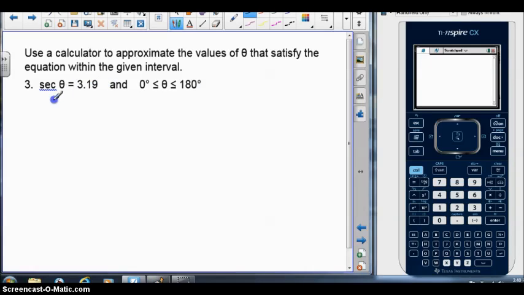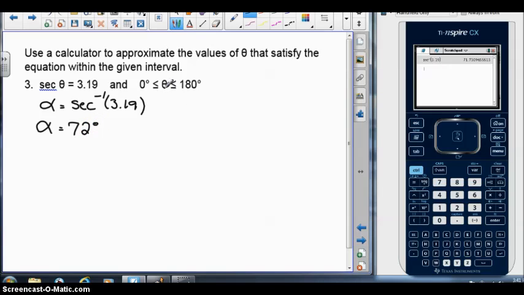We're trying to find alpha, which will be the inverse of secant at 3.19. So trig, secant inverse, 3.19. Enter, and alpha is going to be 72 degrees.